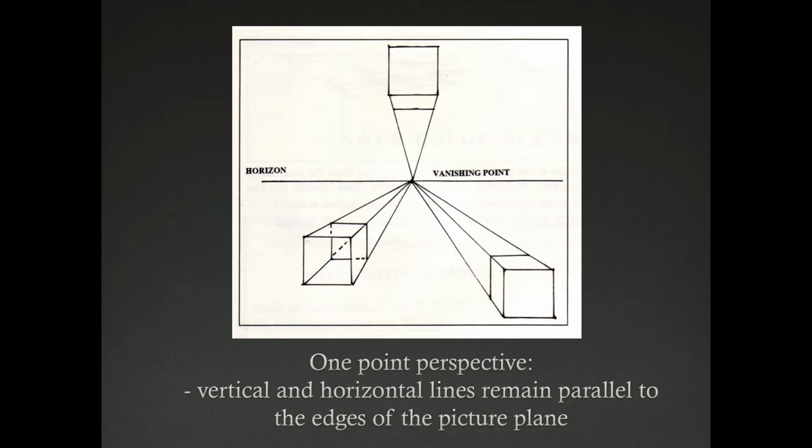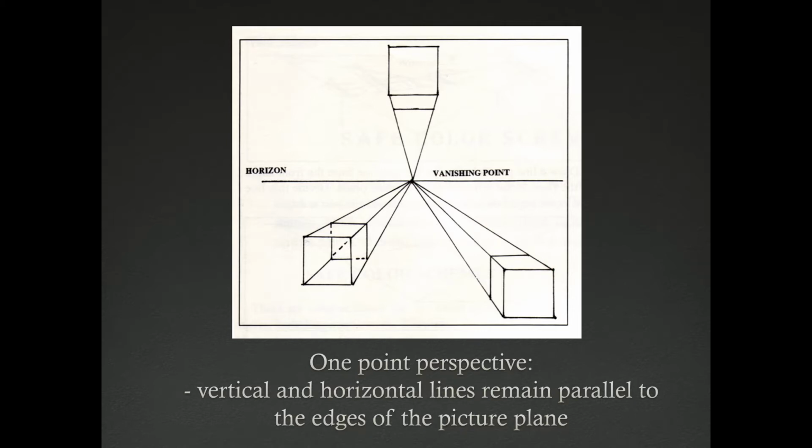Most perspective drawing is the easiest to understand when we set a bunch of boxes into a space and we place them all parallel to each other, and by doing so they follow all the same rules. So the vertical and horizontal lines are parallel and perpendicular to the edges of your sheet of paper, your picture plane, and the horizontal lines are parallel to the horizon.